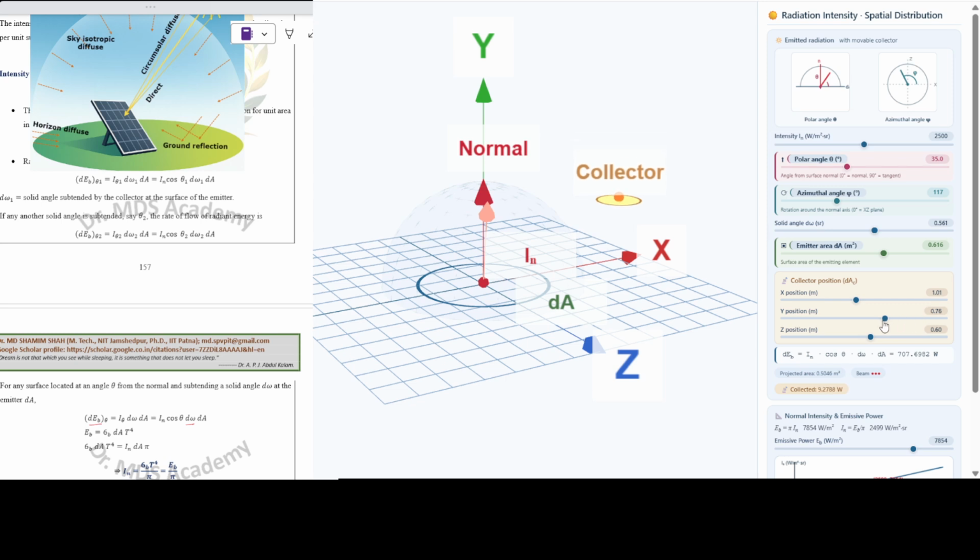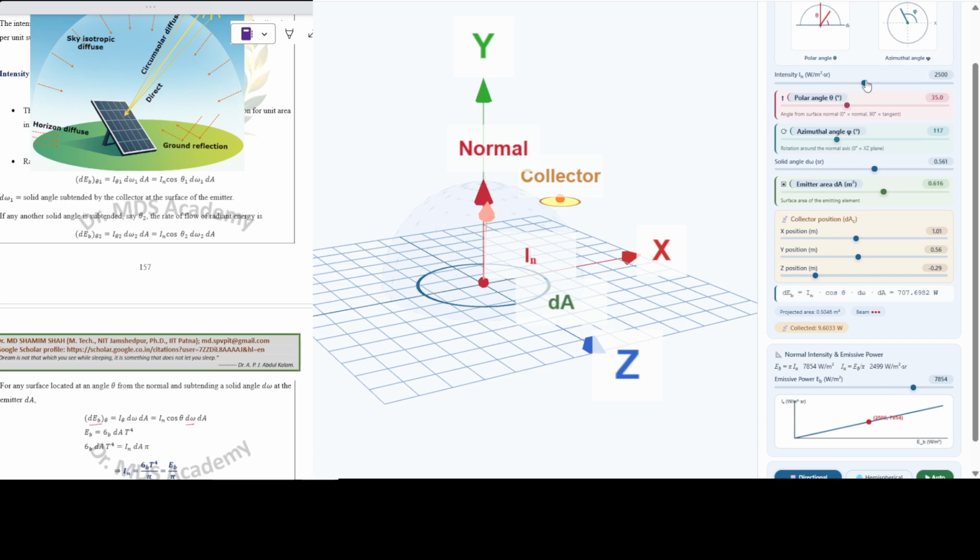As we are moving down, lesser and lesser energy is collected. Similarly, when you are moving along the z axis, see how the values change.